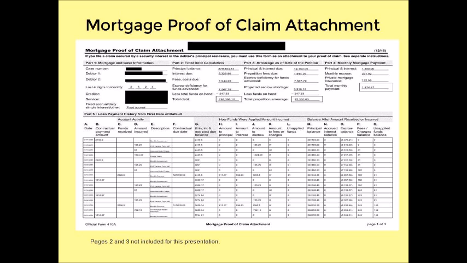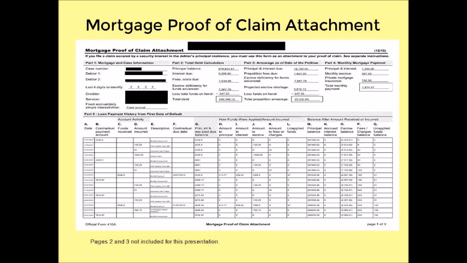Then you have part 2, the total debt calculation. That tells you the total amount of the debt, which typically will also be reflected on the front of the proof of claim. Part 3 discusses what the arrearage is: the principal and interest due, and then escrow deficiencies. Part 4 is the monthly payment amount.